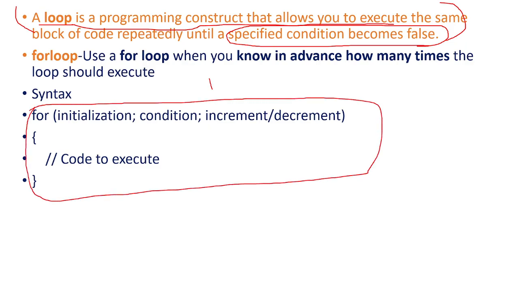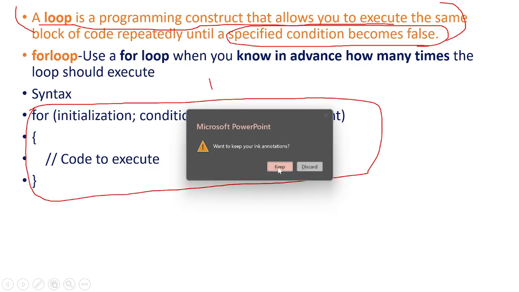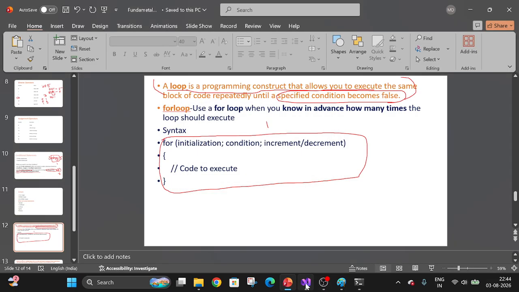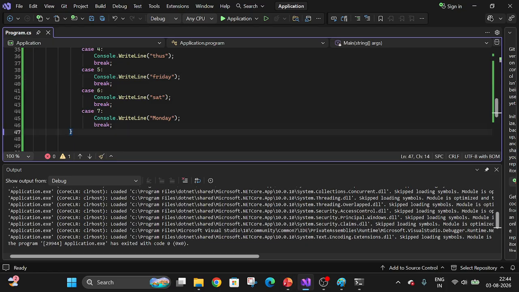We'll discuss it in our code. What is the syntax here? Initialization, condition, increment and decrement. That's what the for loop says.